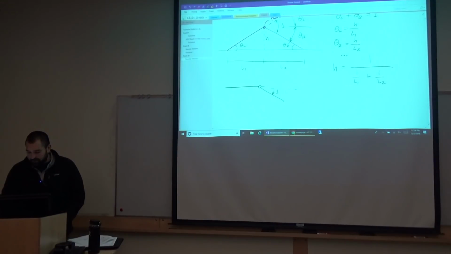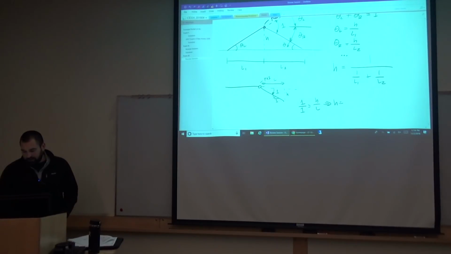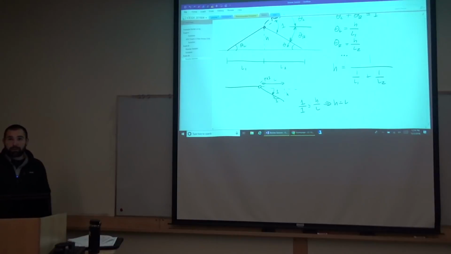So if I'm trying to find the height right here, I'll call it h, and this is L. Think of this in terms of slope: 1 to 1 equals h to L. In other words, h is simply going to be equal to that length.